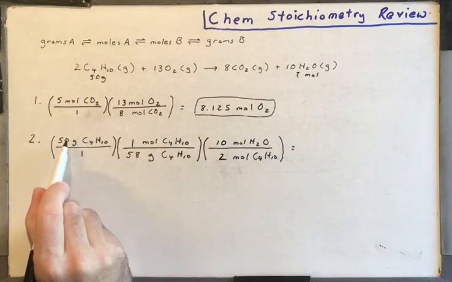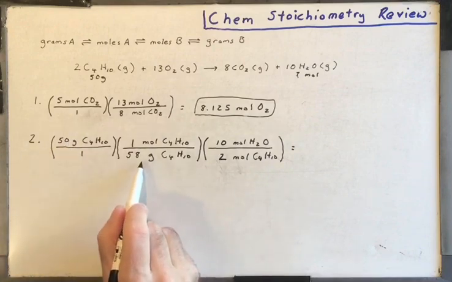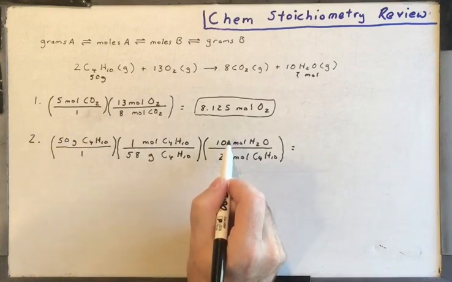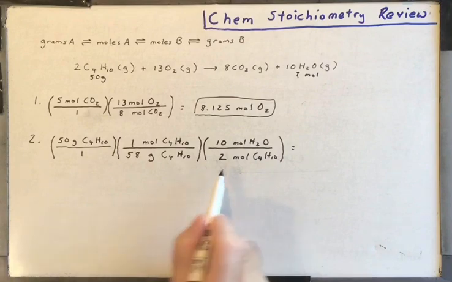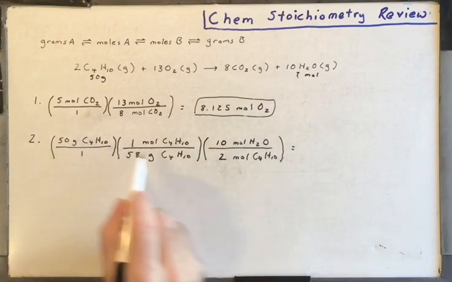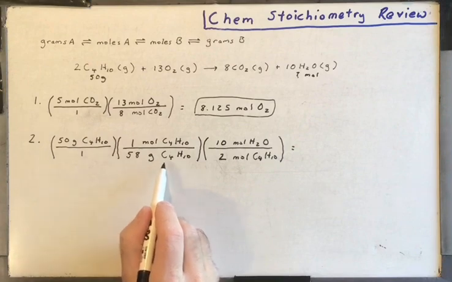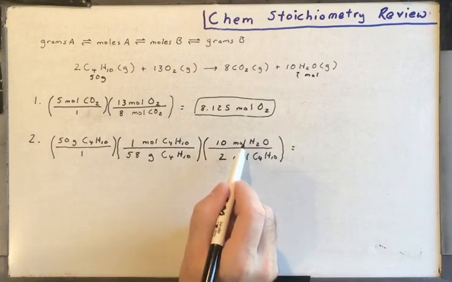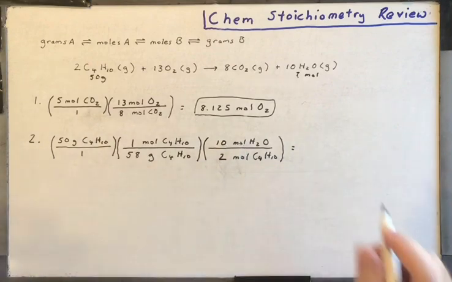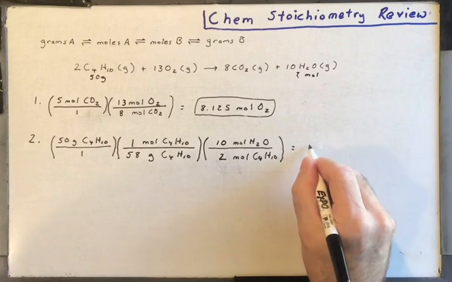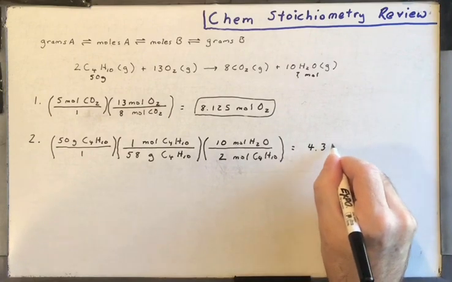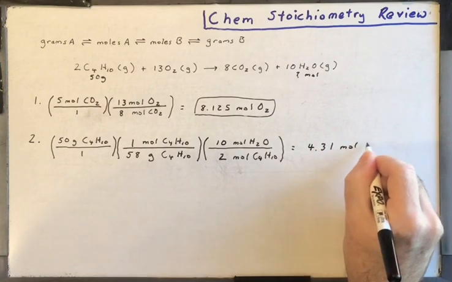So in your calculator, do 50 divided by 58 times 10 divided by 2. Type in 50 divided by 58, then you'll get an answer there. Then times 10, you'll have an answer, then divided by 2. When you do that, you'll get 4.31 moles of H2O.